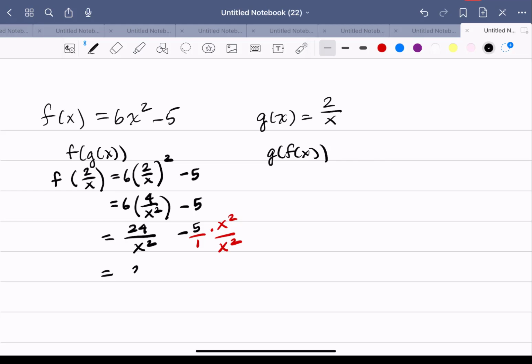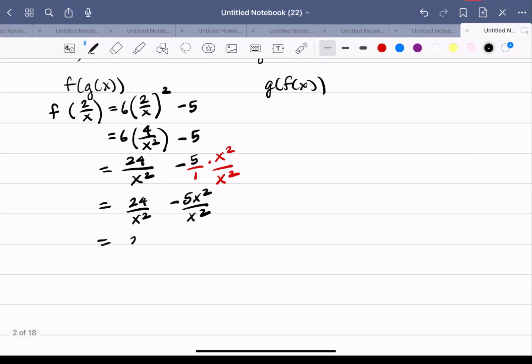So that's going to be 24 over x squared minus 5x squared over x squared. And now, since that's a common denominator, 24 minus 5x squared all over x squared.